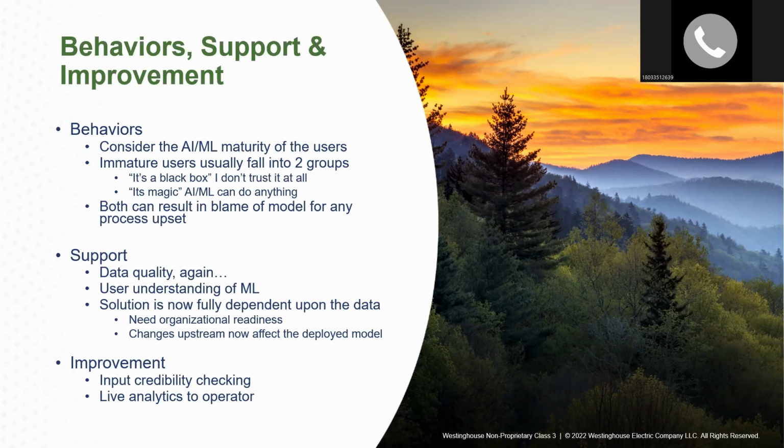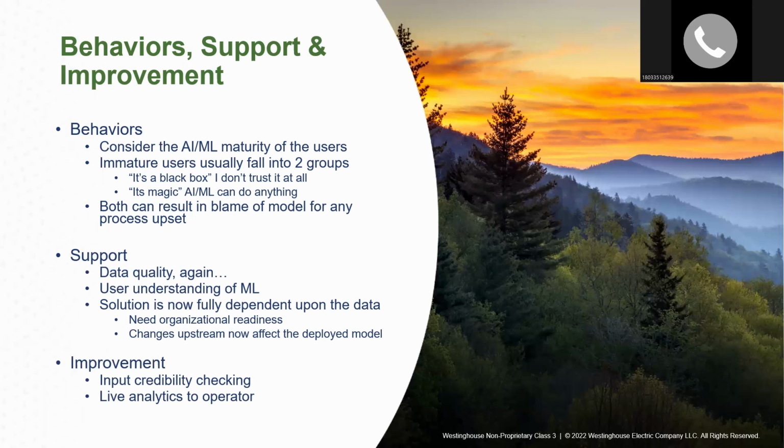Indeed, we had one issue where somebody improved the measurement system without realizing the dependency of the model on it. They actually increased the precision of a laboratory measurement, which sounds great, but it made the model effectively think that something went from a categorical variable to a continuous variable, and it produced some improper predictions along the way. From that, we also added what we call input credibility checking.